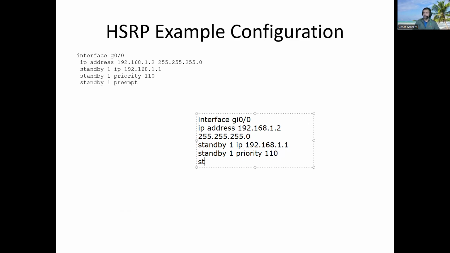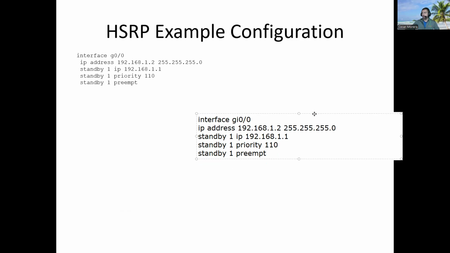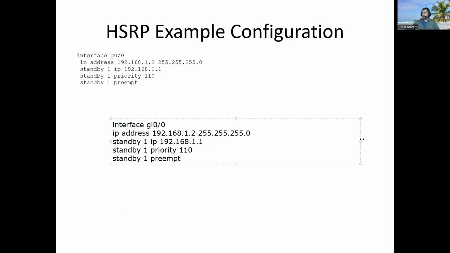And finally, we have standby 1 preempt. I need to organize this better. And that's pretty much the configuration. There you have it, boys and girls. That's the way that we configure HSRP, and this is an example of configuring the HSRP protocol.